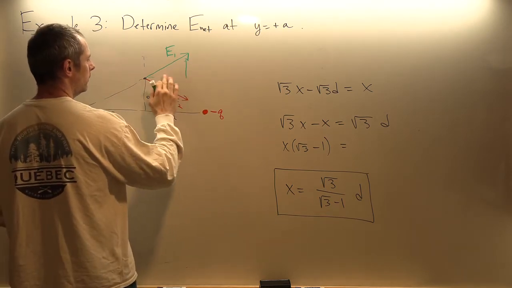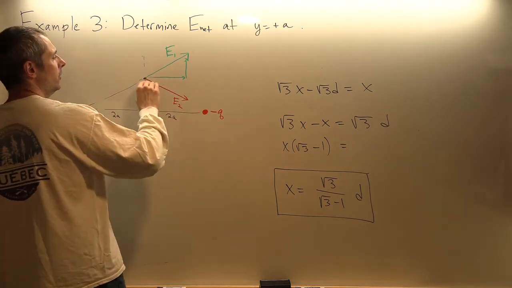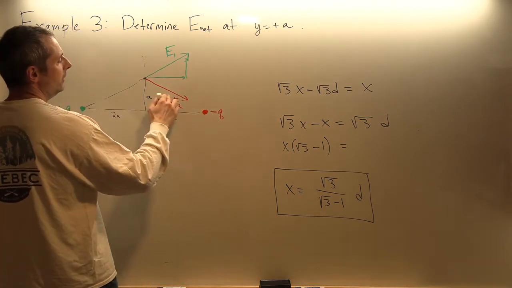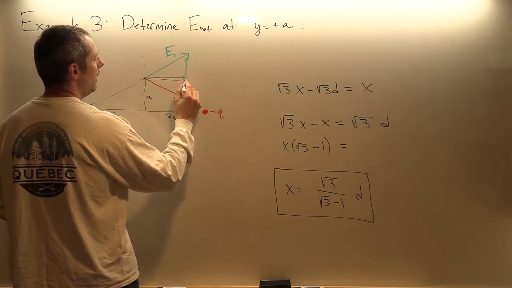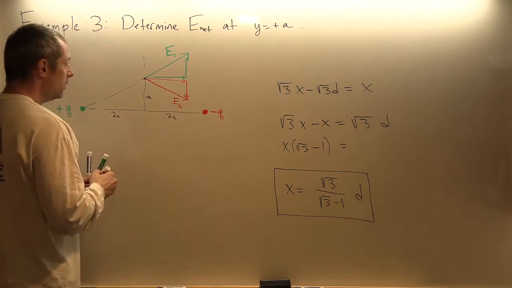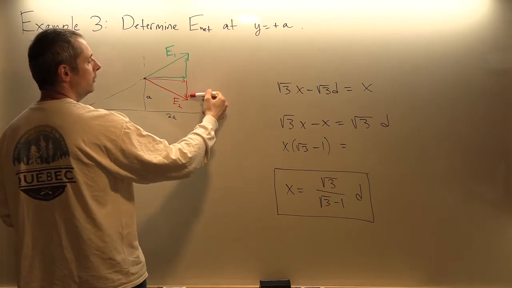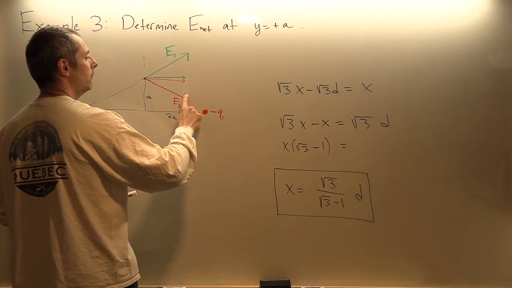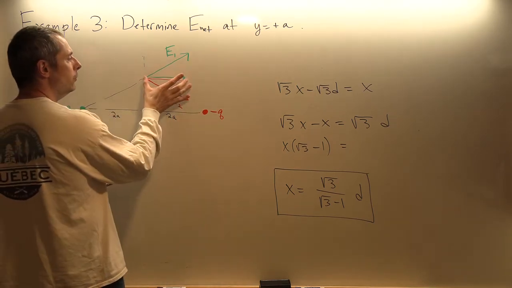So this E has a rightward component and an upward component. This E here from the negative also has a rightward component, but it has a downward component. So this might be like 1,000 newtons per coulomb, and this be 1,000 newtons, opposite directions. They add to 0. The only components to survive are the 2x.